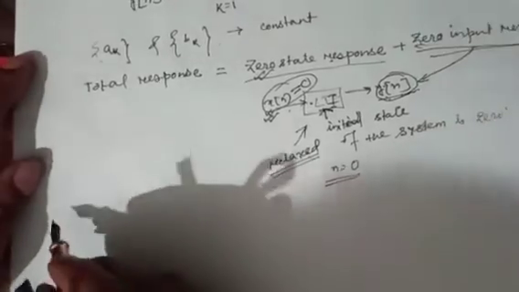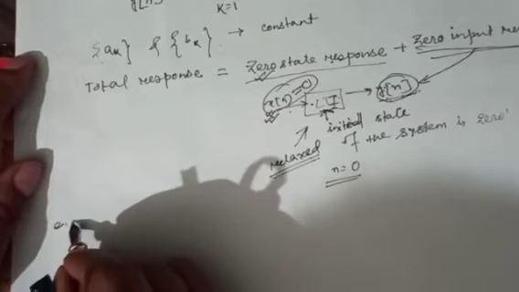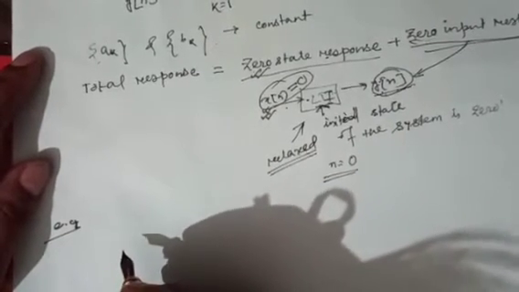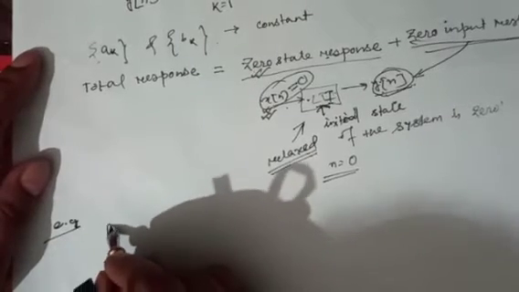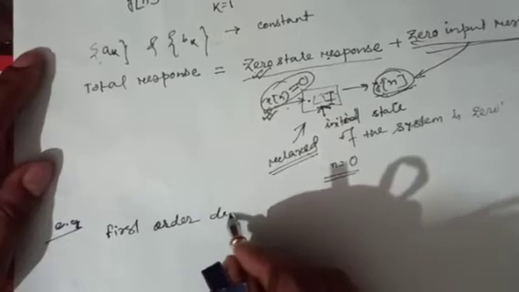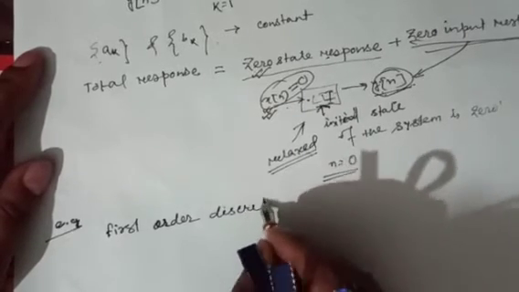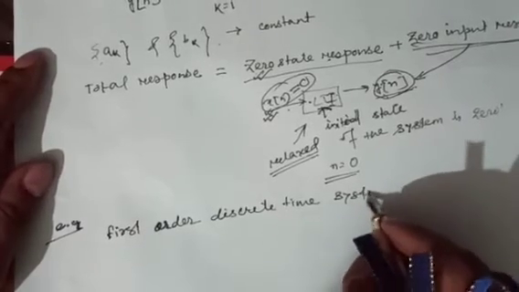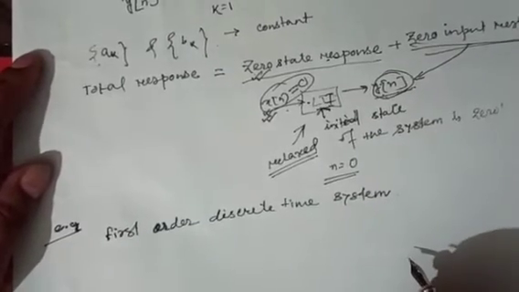For example, suppose let us consider a first order discrete time LTI system, or simply the system. Okay, discrete time LTI system.